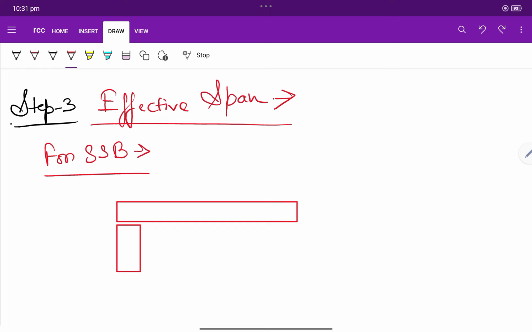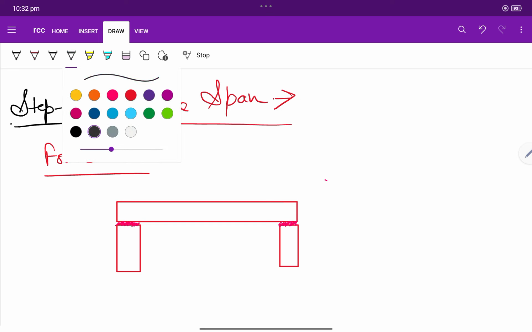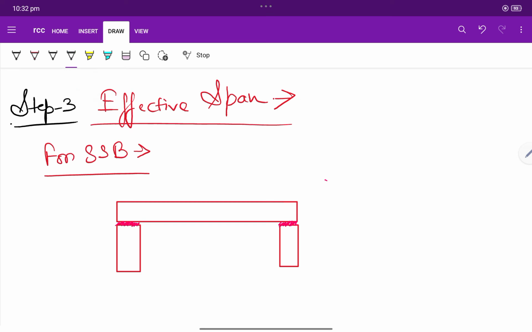I am not drawing it accurately, but you can understand it. See one thing, these are the supports. This part is the support and this is a simply supported beam.